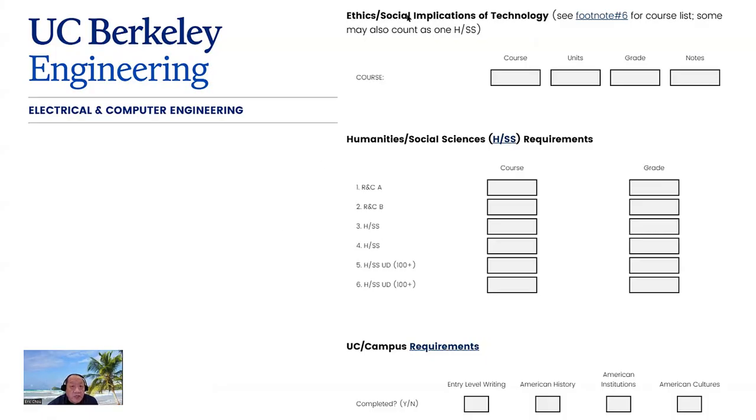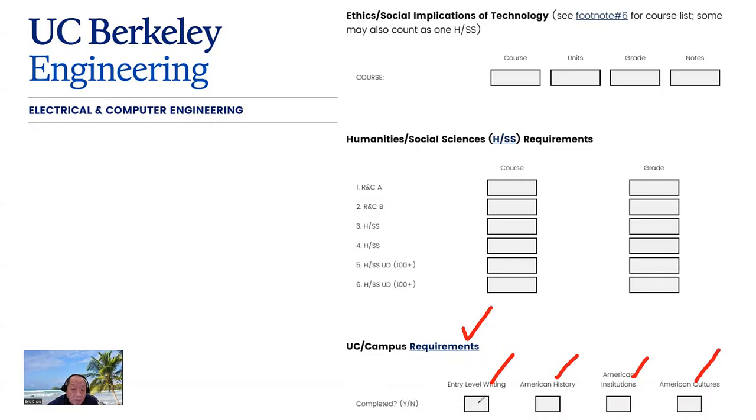First, let's look at the graduation requirements for this major. These are set up by the university, the College of Engineering, and also the department. First, there is a campus requirement. You need to satisfy entry-level writing, American history, American institutions, and American culture.